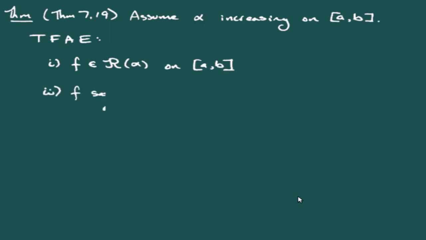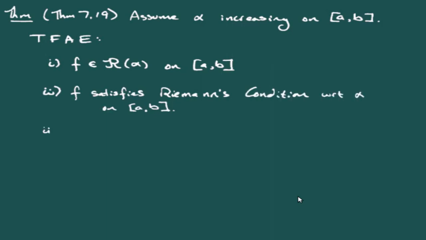Namely, that f is Riemann Stieltjes integrable with respect to alpha on [a, b], that f satisfies Riemann's condition with respect to alpha on [a, b], and the third condition that is equivalent is that the lower Stieltjes integral of f with respect to d alpha is equal to the upper Riemann Stieltjes integral of f with respect to d alpha.